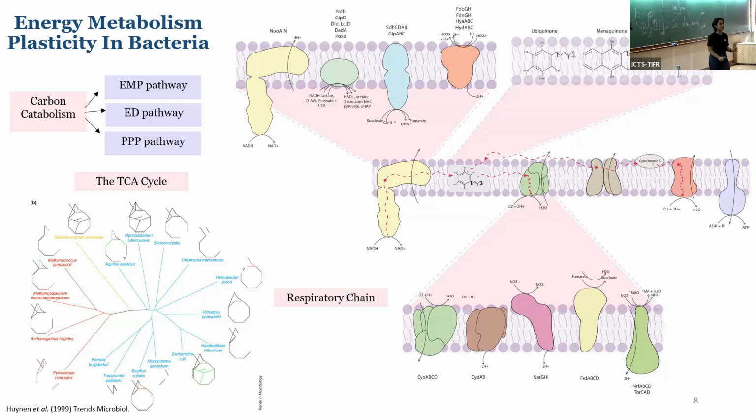Those are two types of respiratory chains. We don't have to go into the details of that. But if you look at each component of this respiratory chain, so entry, transport, exit, there are multiple different enzymes that can be responsible for electron entry, multiple different quinones for transport, and multiple oxidoreductases for electron exit. Okay, and that's in bacteria.